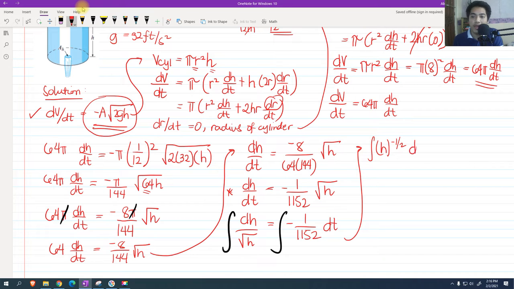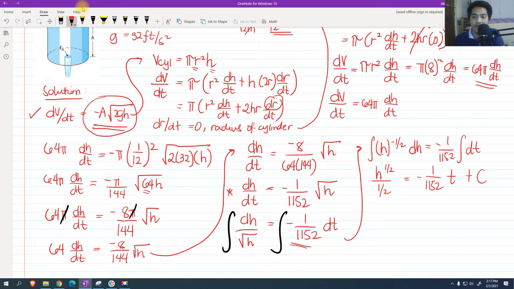I can factor out the constant from the integral, leaving only dt inside. Upon integrating, this would be h raised to 1/2 over 1/2, equals negative 1 over 1152 times the integral of dt, that's t, then plus c as our constant.